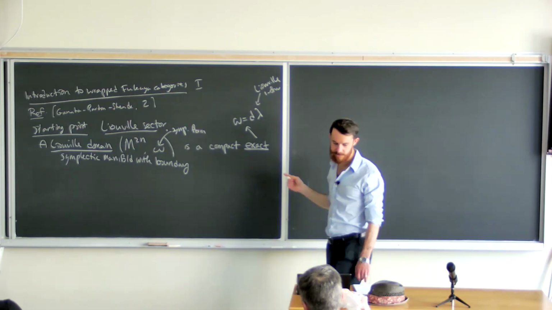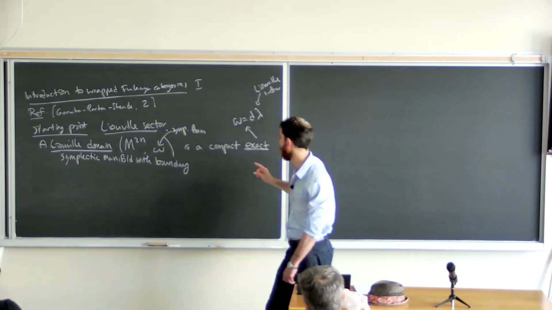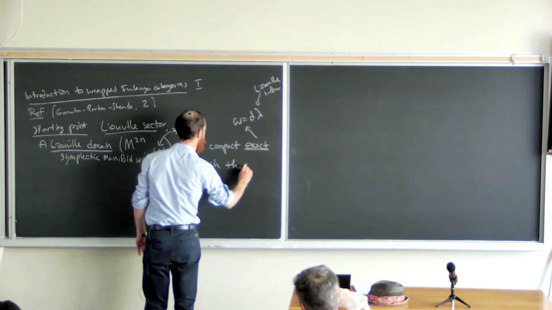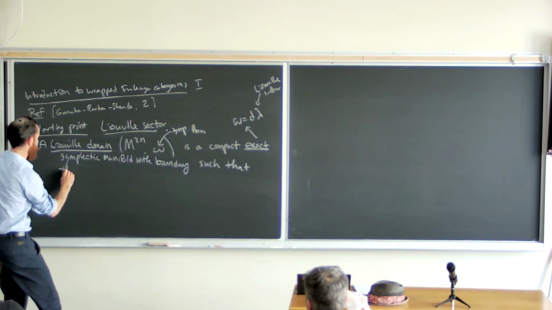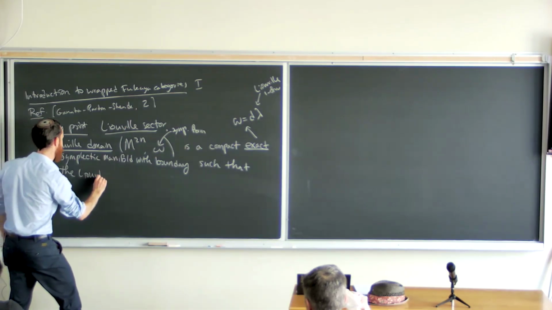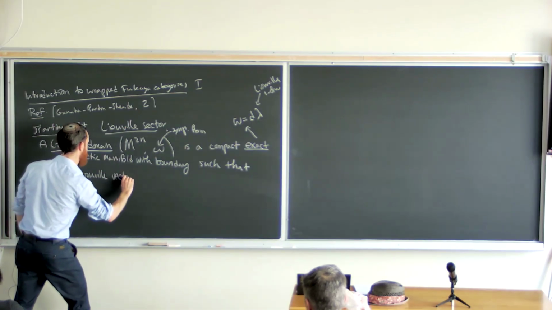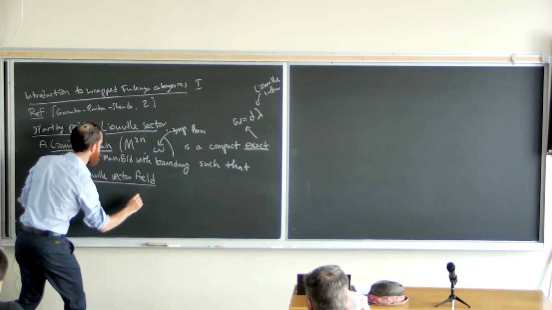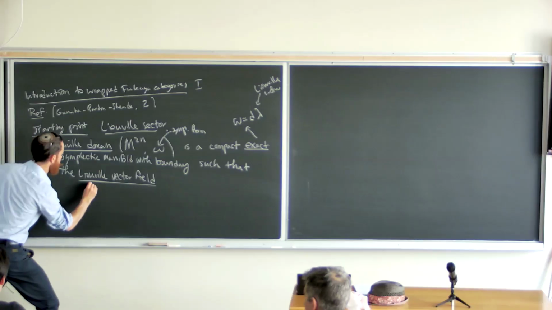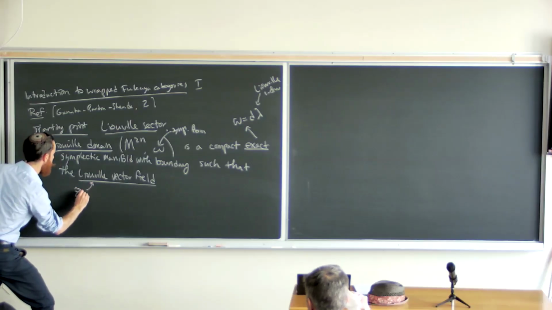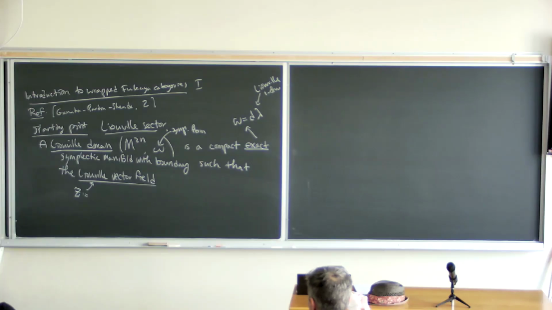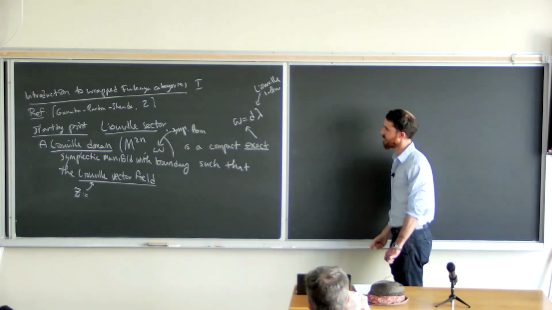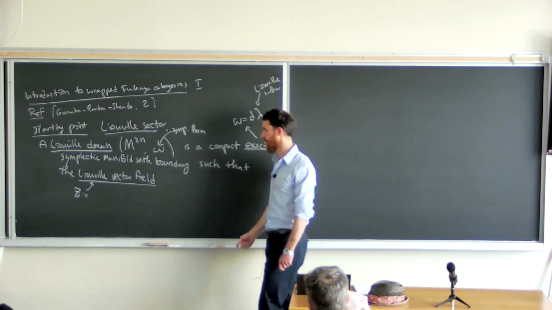So this is an exact symplectic manifold with boundary with a condition on the Liouville vector field, which I'll give a name, say Z. By definition, omega is a symplectic form, which means that at every point it gives you an equivalence between one forms and vector fields.